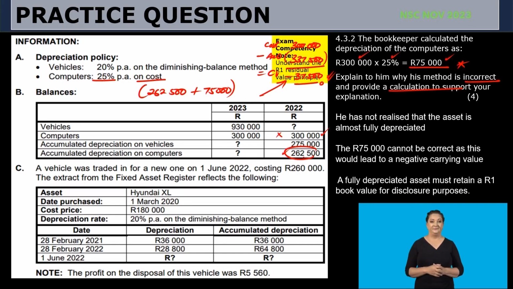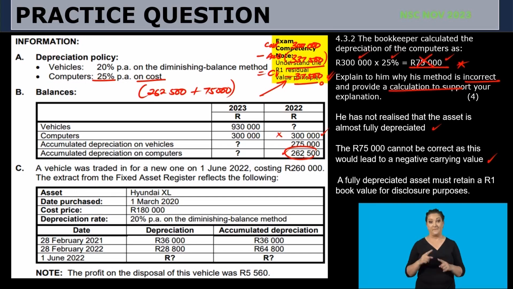Now, he has not realized that the asset is almost fully depreciated. The 75,000 cannot be correct, as this would lead to a negative carrying value. A fully depreciated asset must retain 1 Rand book value for disclosure purposes. So his depreciation cannot be 75,000.